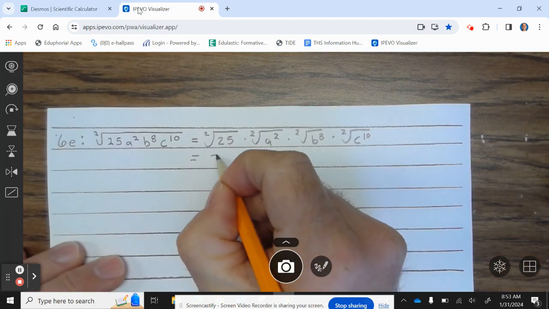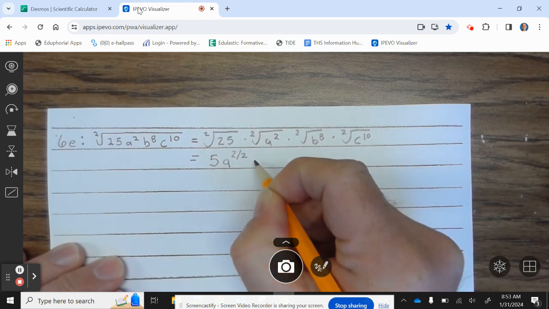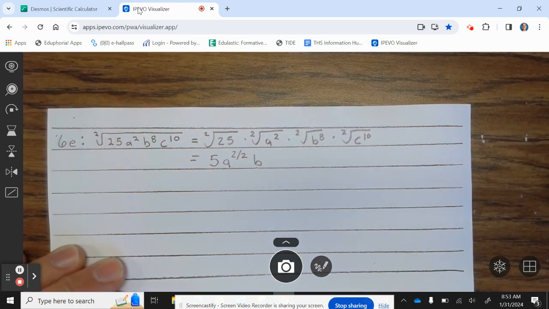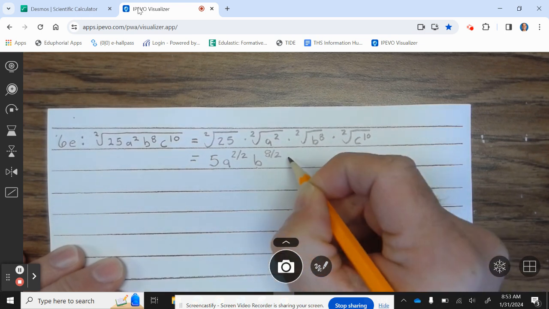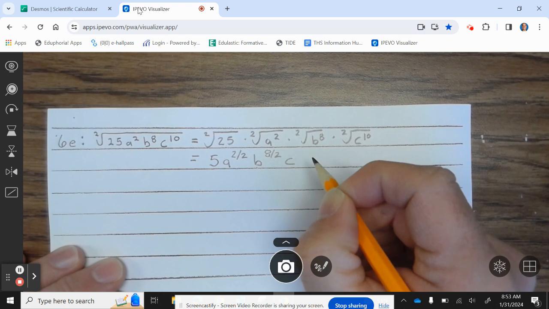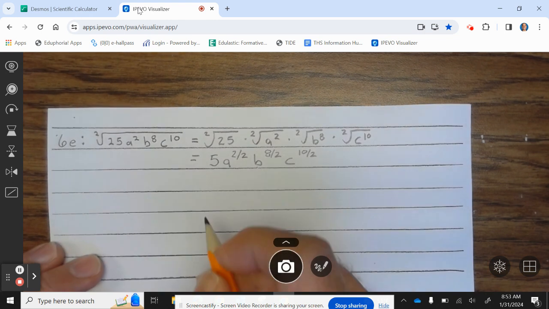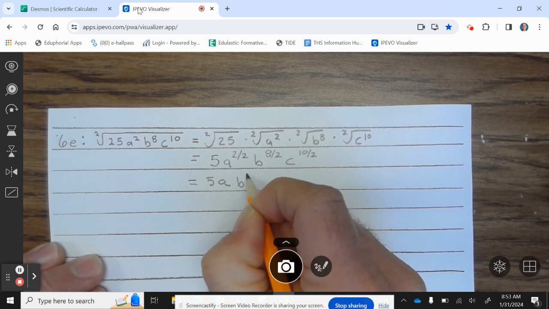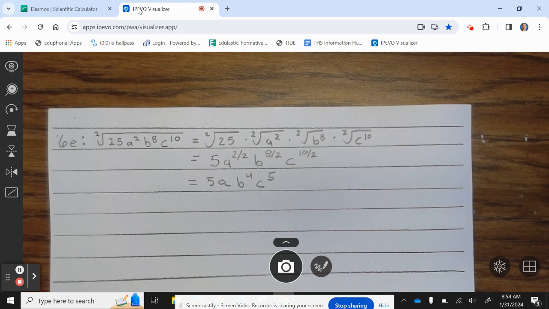So that's 5 times a to the 2 divided by 2, b to the 8 divided by 2, c to the 10 divided by 2, which equals 5a, b to the 4th, c to the 5th. All right, go ahead and finish up 6e.